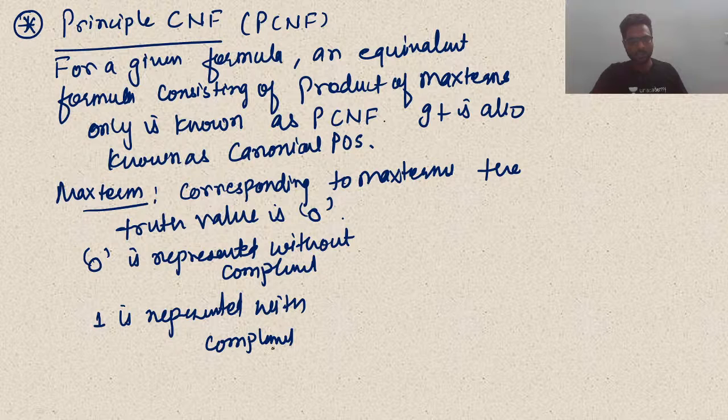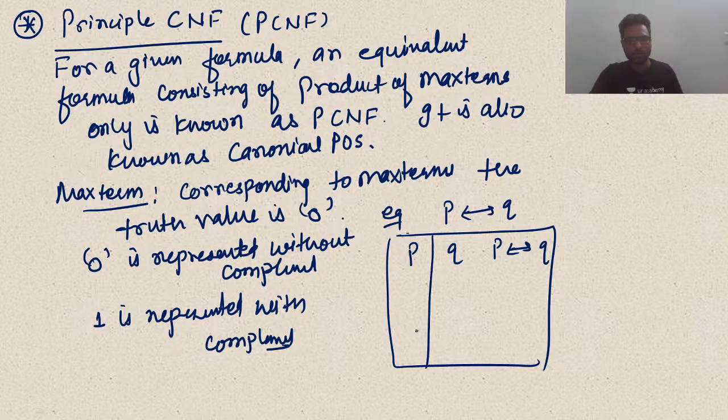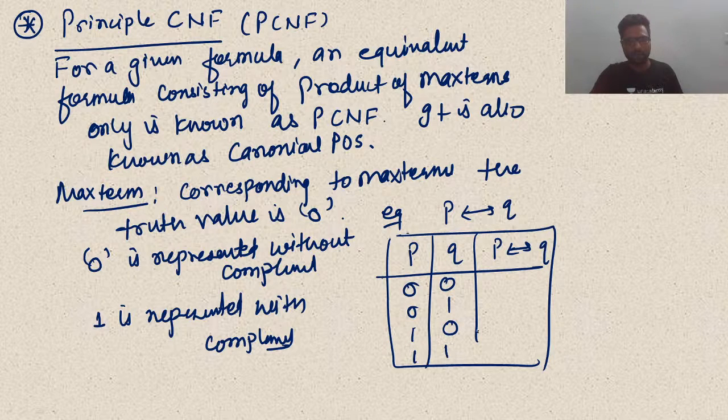Yes or no? So write down one example. Let's say the given function is P conditional Q. The first step is to construct a truth table. So you constructed the truth table: 00, 01, 10 and 11. This value will be 1, this will be 0, this is going to be 0, and the final one will be 1.